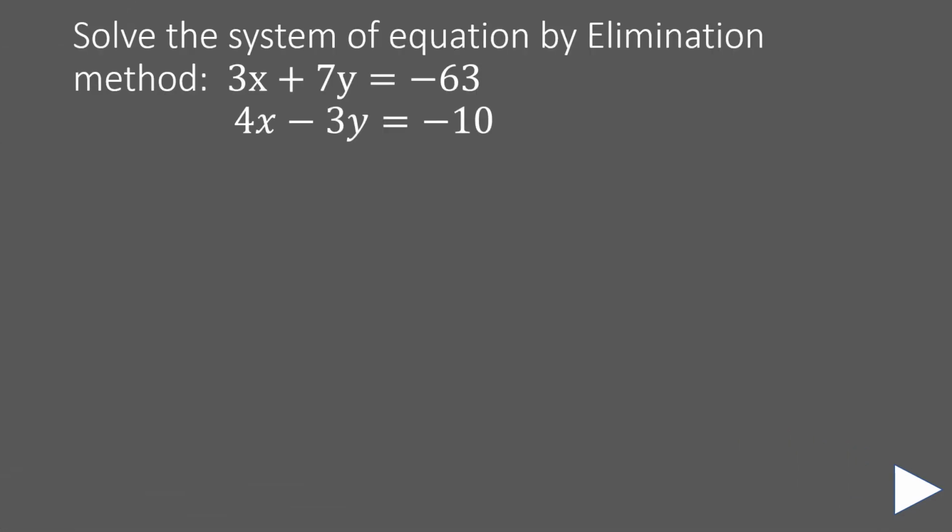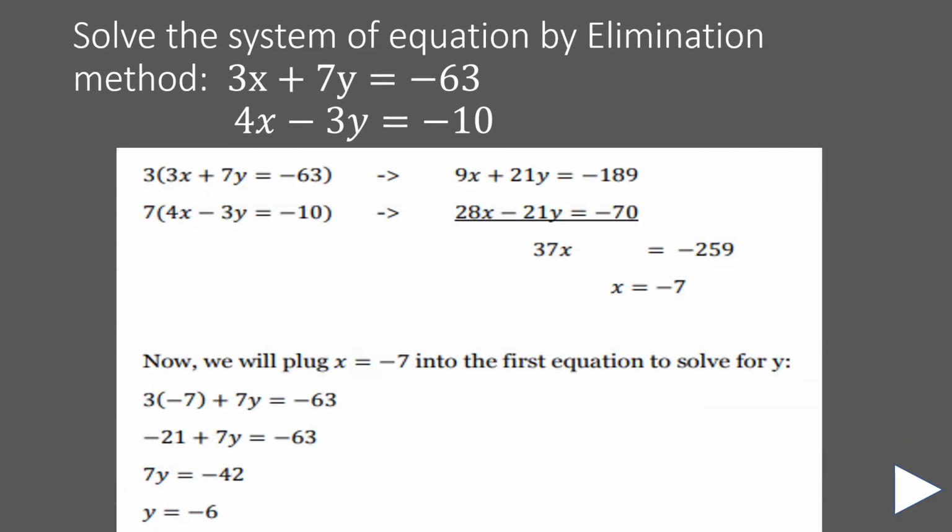Maybe to understand this, we can find the solution to this system by the elimination method. We have written the equations already lined up: x terms, y terms, and then the constant. But the coefficients of x are not the same, and the coefficients of y are not the same. You can multiply the first equation by 3 and the second equation by 7 so that the coefficient of y becomes 21 in both.